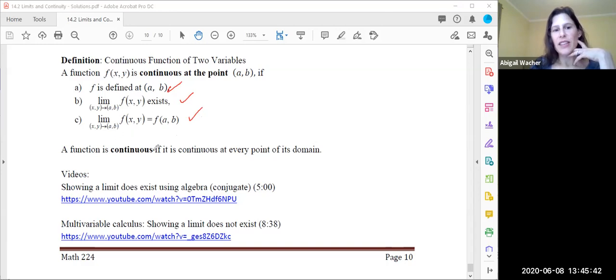A function is continuous if it is continuous at every point of its domain. So this is basically just pointing out that if you have continuity at every single point in the domain, your function is continuous over the entire domain, in comparison to a piecewise defined function.